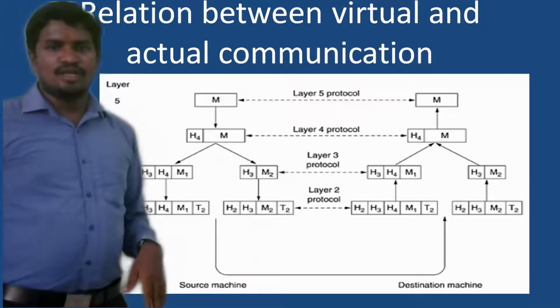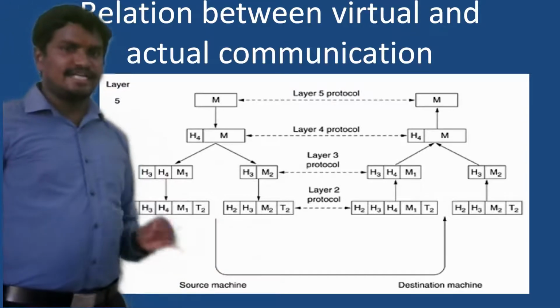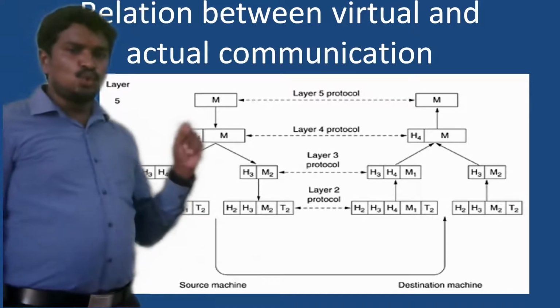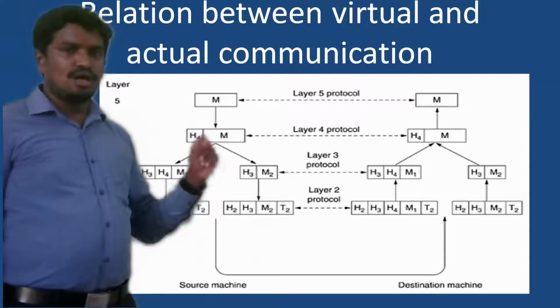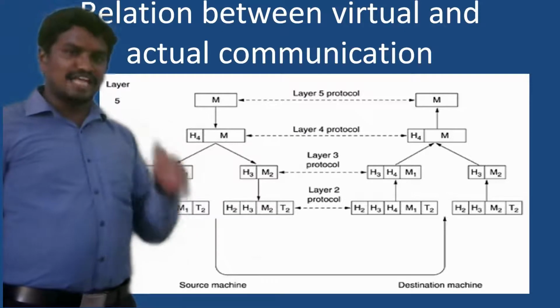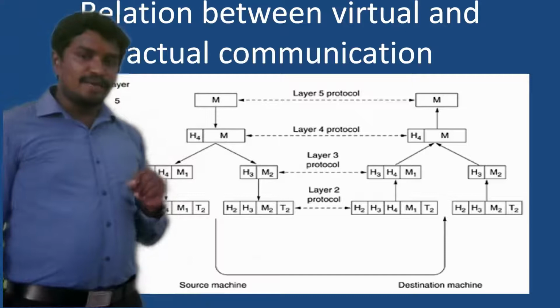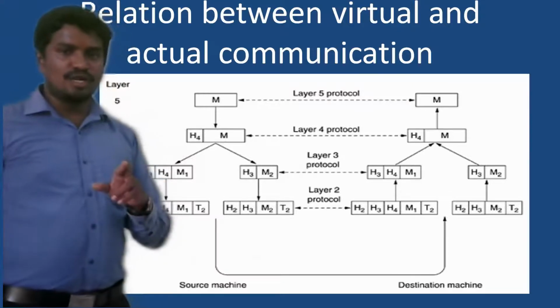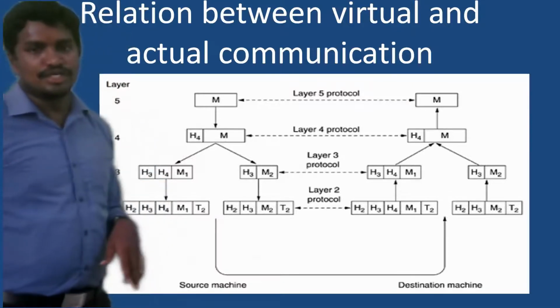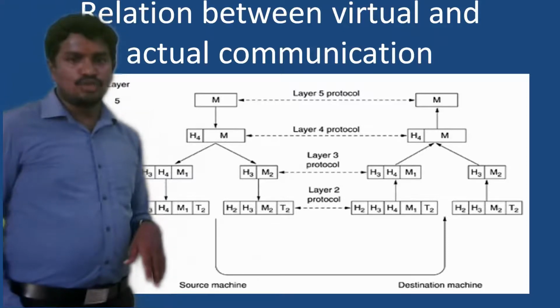So this way, the communication is created between two protocols of 2 layers with the help of actual communication. I repeat, this shows the relation between virtual and actual communication. So this way, it is going to work.